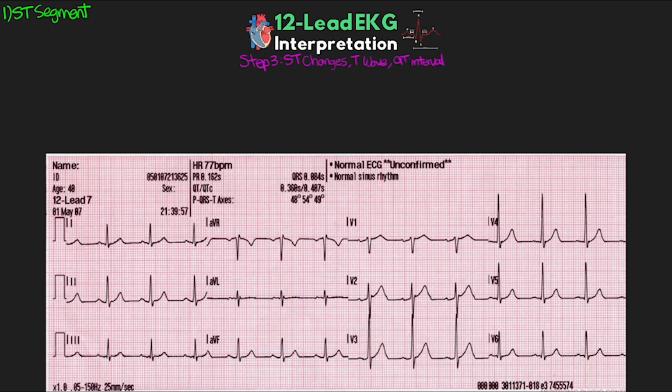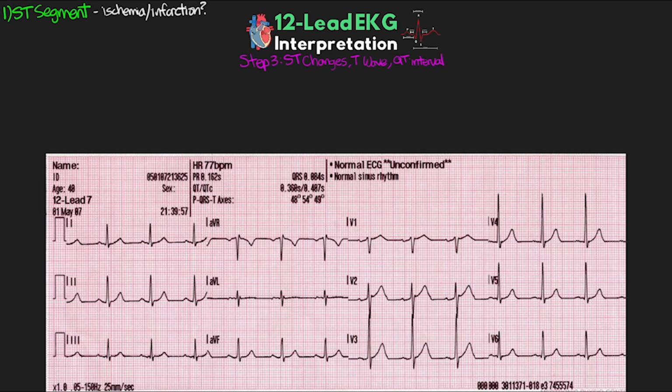And when we're evaluating this ST segment, first and foremost in our mind is that we're looking for possible signs of ischemia or infarction. There are other things that can actually cause these changes, but when we think about the biggest risk to our patient, this is going to be at the top of that list.